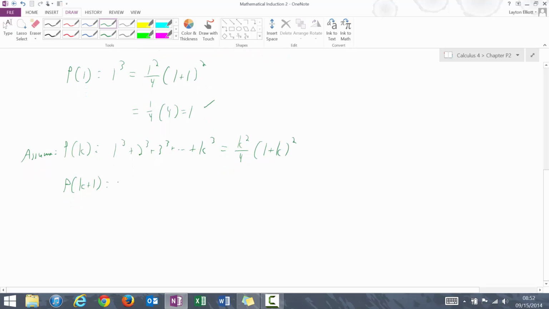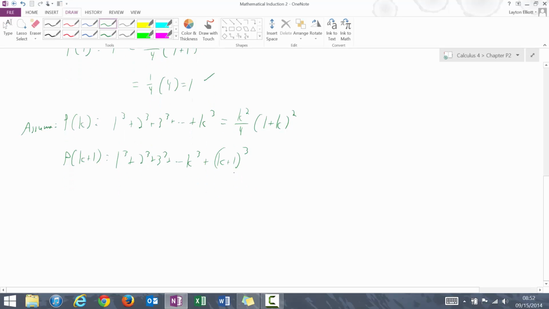Well, P of k plus 1 is 1 cubed plus 2 cubed plus 3 cubed plus all the way to k cubed plus (k plus 1) quantity cubed. And I can just do a little substitution, so that's going to be k squared over 4 times (1 plus k) squared plus (k plus 1) cubed.